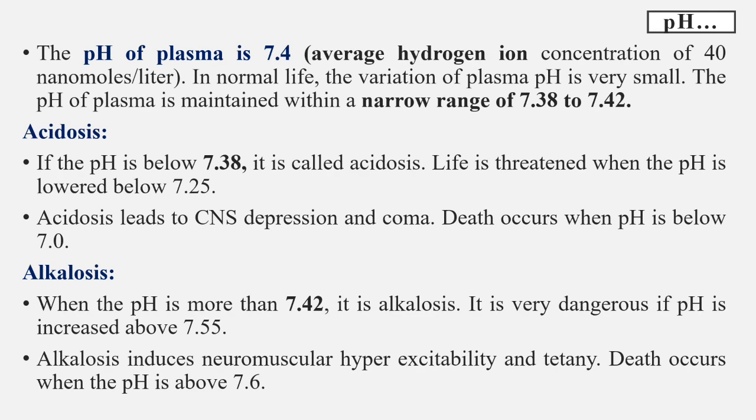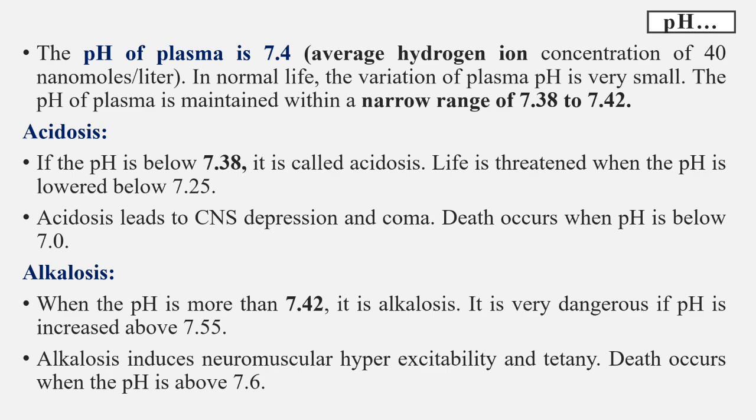Next, coming to the blood pH. The pH of plasma is 7.4. In normal life, the variation of pH is very small. The pH of plasma is maintained within a narrow range of 7.38 to 7.42. What is acidosis?